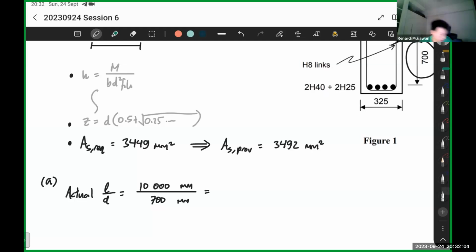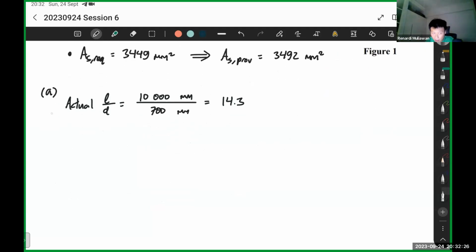So 10,000 divided by 700, you get 14.3. There are no units because millimeters and millimeters cancel out. So that's our actual L over d.